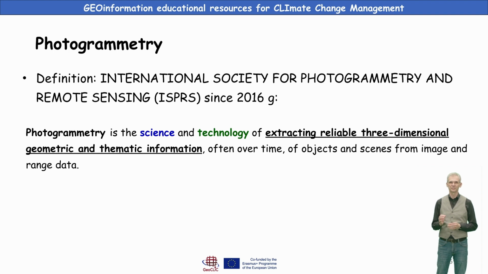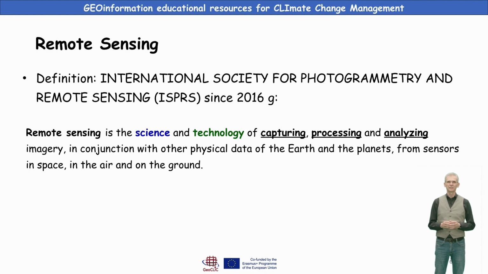The focus is on extracting reliable data, which requires measurement images and measurement models, in which dimensions and distances of objects in space can be measured. The accuracy of the measurement depends on the scale in the image or model.